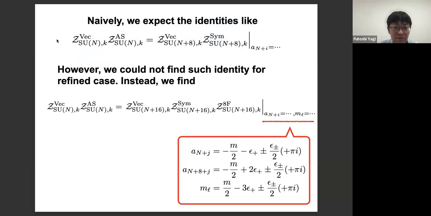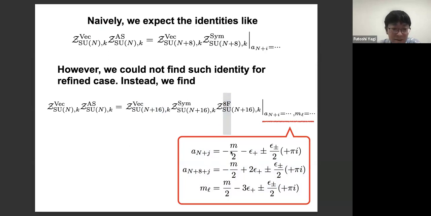But instead, what I found is some kind of generalization of this identity, which is to further increase the number of color branes and also increase the number of flavors. And we tune the color branes and flavors, the 16 Coulomb moduli and 8 masses at the same time. And then we could find some equivalence.